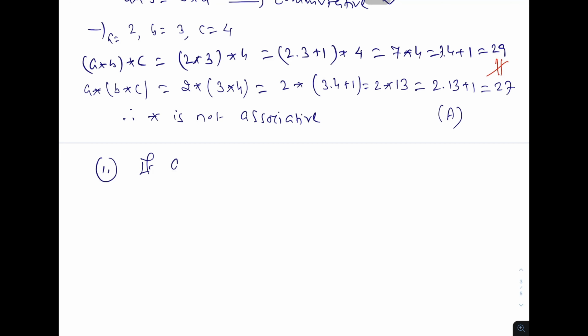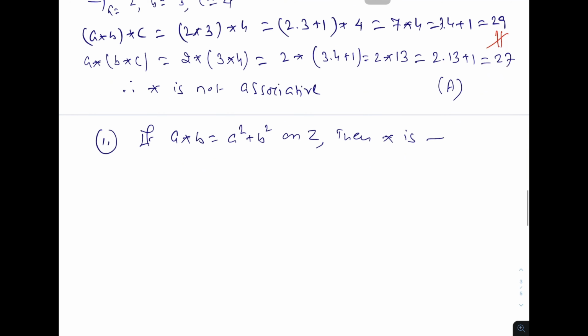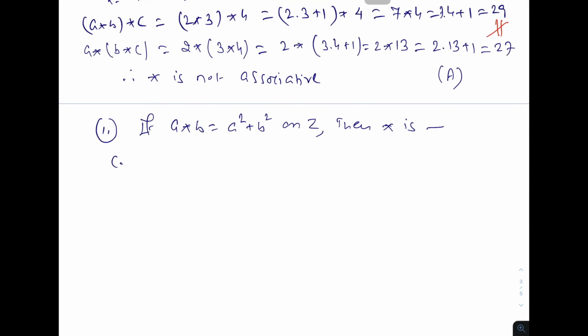If a star b equal to a square plus b square on Z, then star is blank. So again the same options in terms of commutativity and associativity. So we can have commutativity sure, because a star b is a square plus b square.